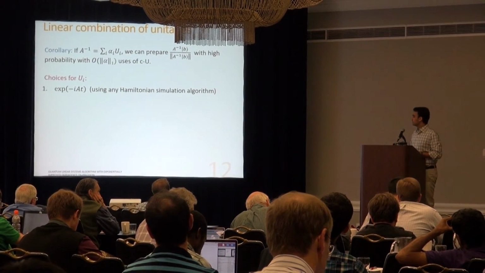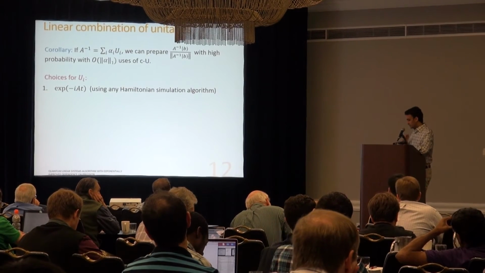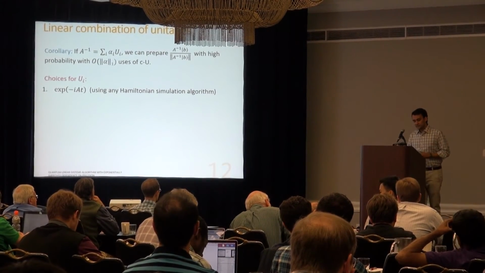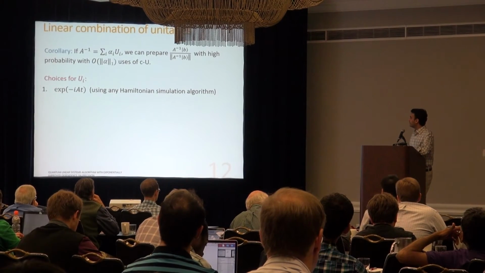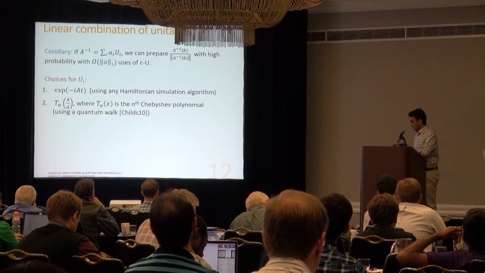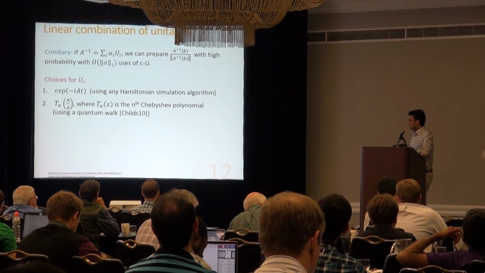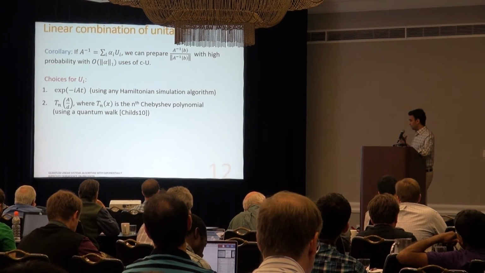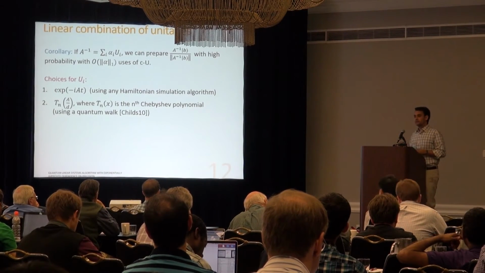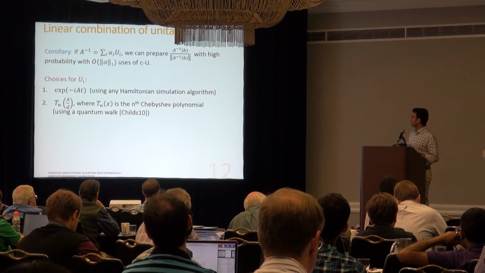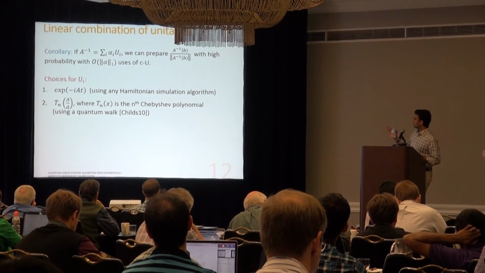Another thing we can do, and this is probably less obvious, is use something that comes out of a paper written by Andrew a couple of years ago. Andrew constructs this quantum walk where the walk operator is a unitary matrix, which is efficient to implement. And the top left block of this quantum walk is exactly the expression I've written over there.